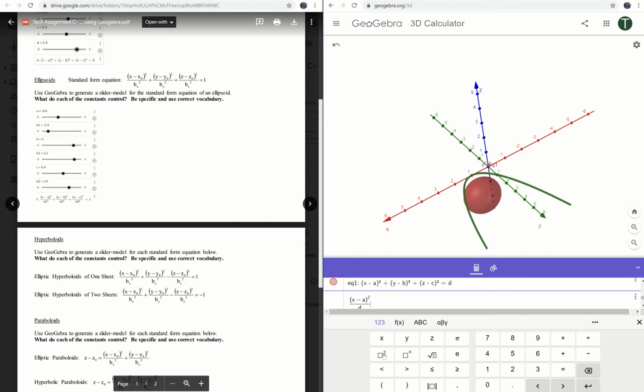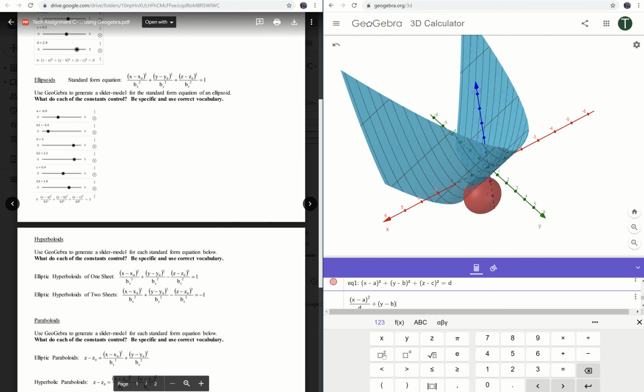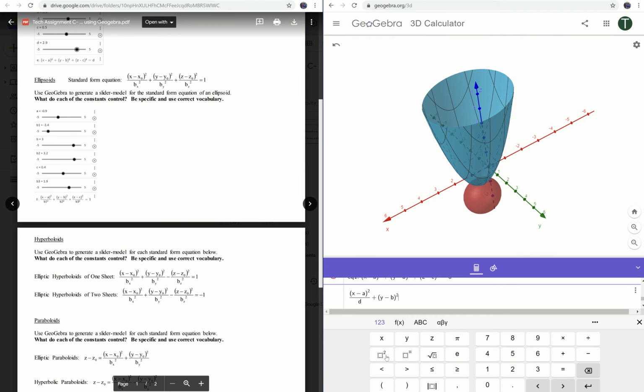Plus y minus b, over e, plus z minus c squared over f equals 1.